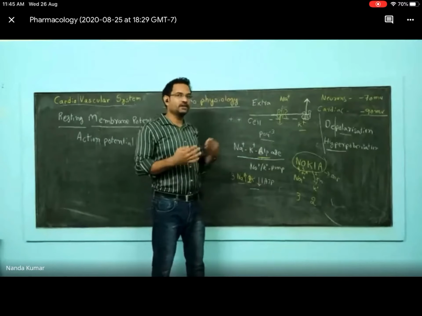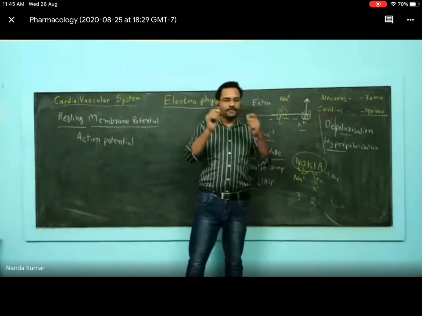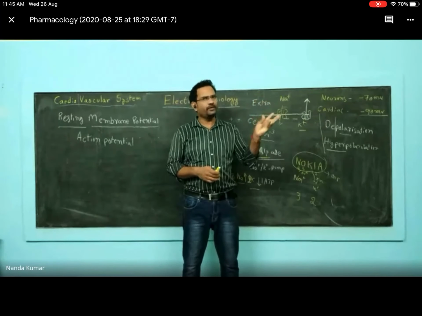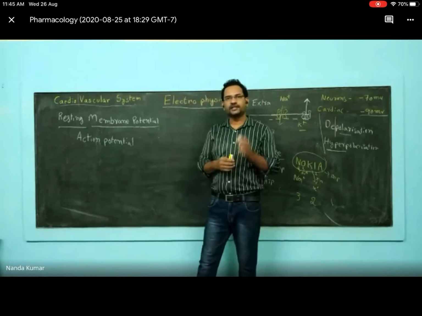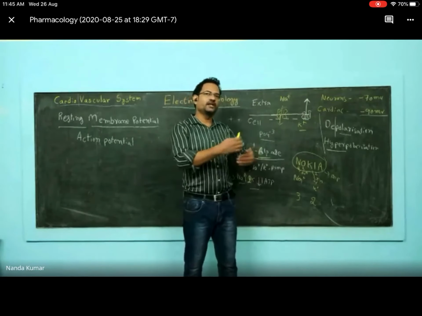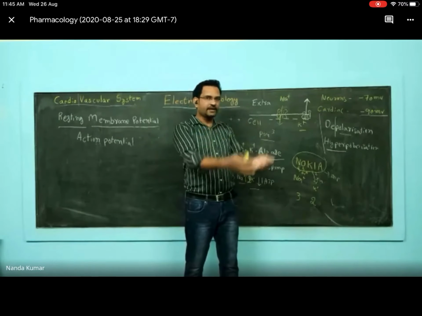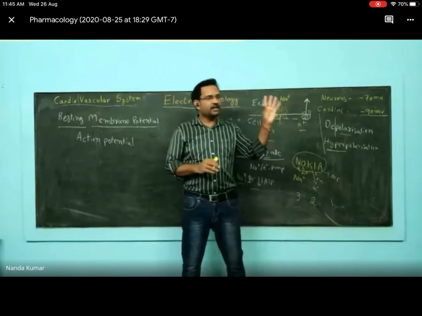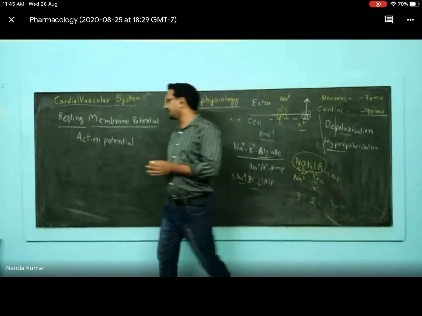That is what action potential is. In the case of cardiac cells, action potential is responsible for all the cardiac contractions. How and why? Let us see. But understand the concept. Action potential is responsible for neuronal conduction and cardiac functions. All the neurons can carry out their functions with the help of action potential. The cardiac contractions occur because of action potential.